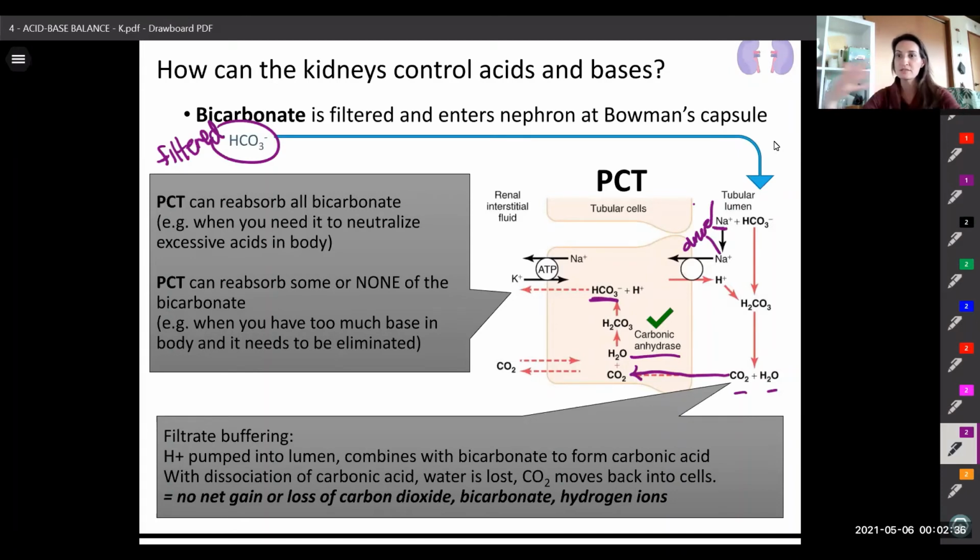And we just see this cycle occur, right, where we're reusing the hydrogen ions and we're reusing the bicarbonate. So we get no net gain or loss of carbon dioxide, bicarbonate, or hydrogen ions in this process. It's just a mechanism to allow us to reabsorb filtered bicarbonate when necessary.